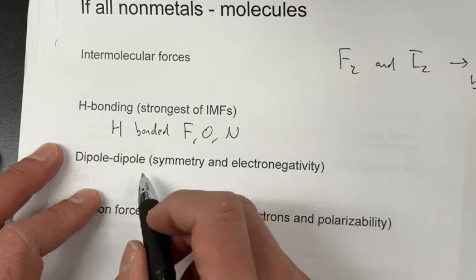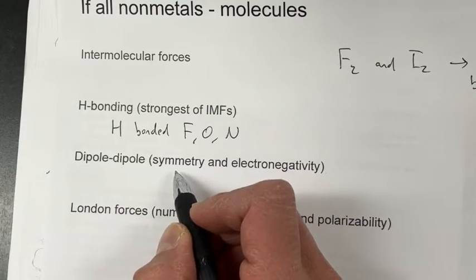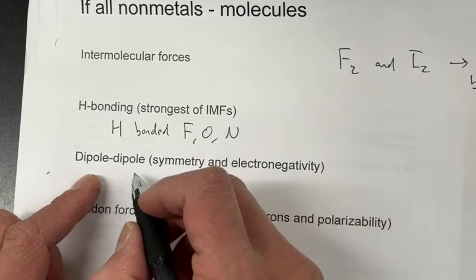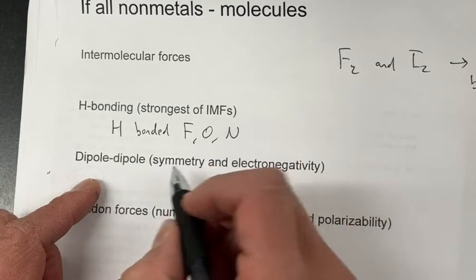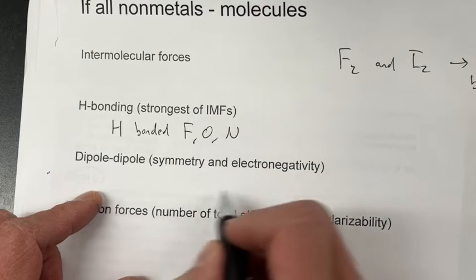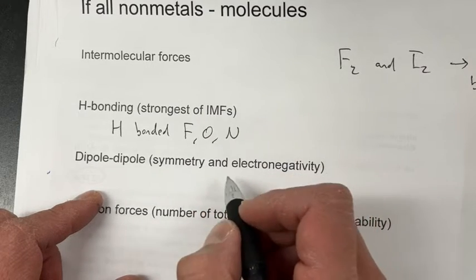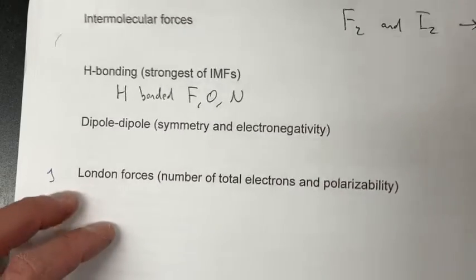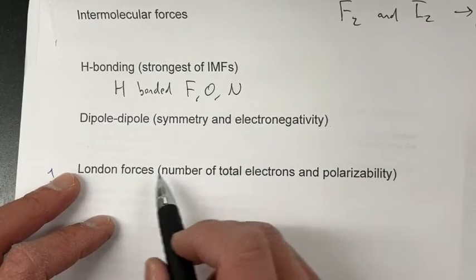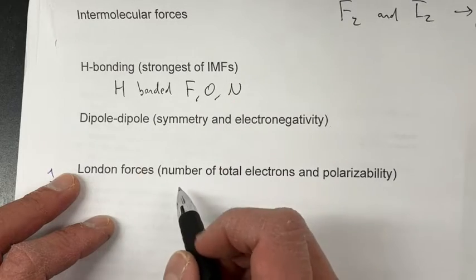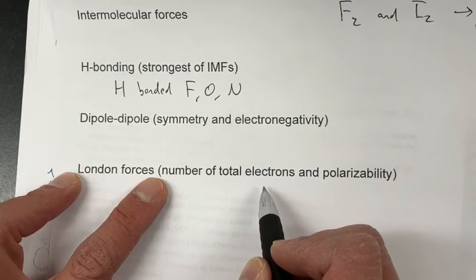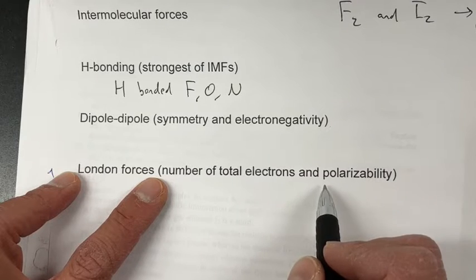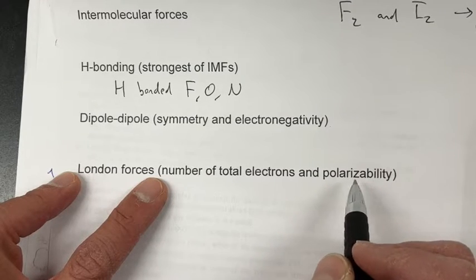If something is symmetric, that means it's not polar. But if it's asymmetric, lopsided, then it could be polar. And then London forces: everything has London forces if it's all nonmetals, but that deals with the total number of electrons. The more electrons I have, the more polarizable it is.